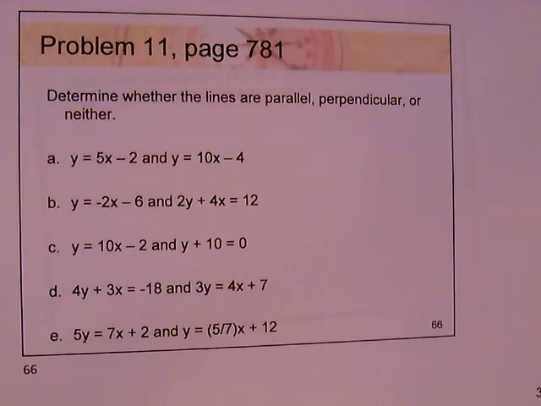We got y equals 2x minus 6 and 2y plus 4x is equal to 12.